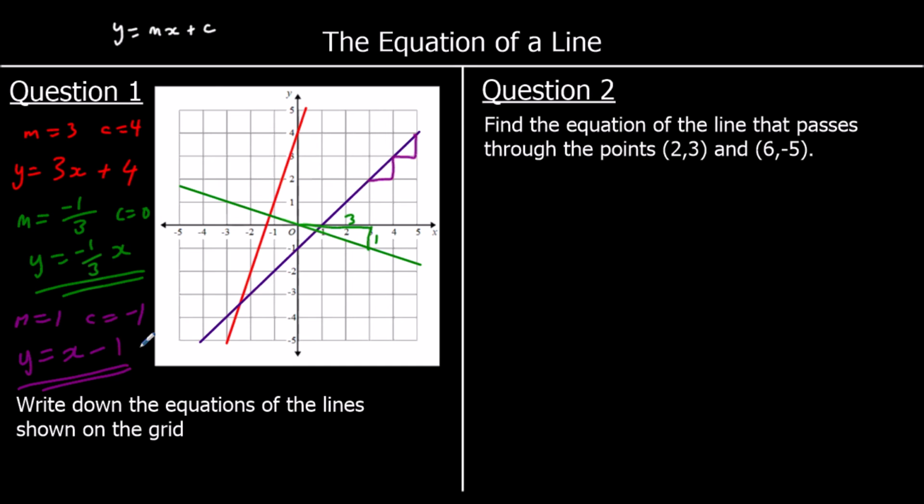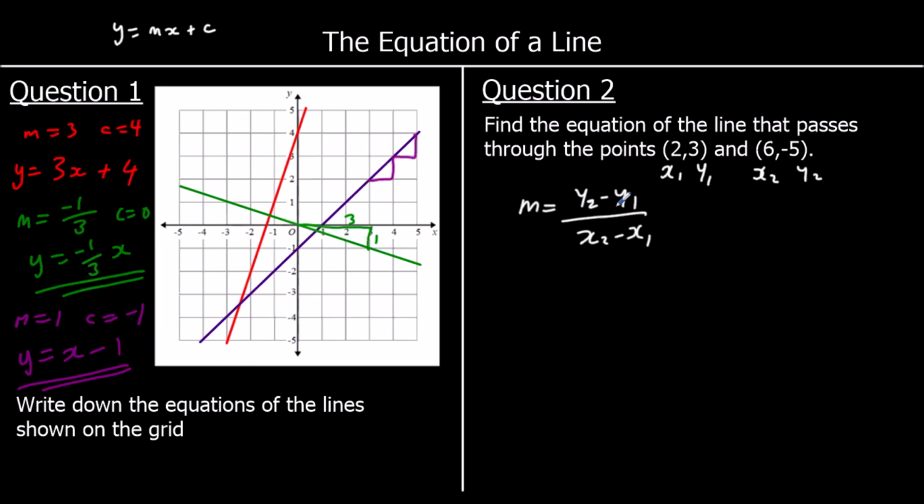Question 2. Find the equation of the line that passes through the points (2, 3) and (6, -5). To find the gradient of a line, we can do the change in the y's over the change in the x's. The change in y over the change in x is the gradient. So we can label our points x1, y1, x2, y2, and substitute them into this formula.